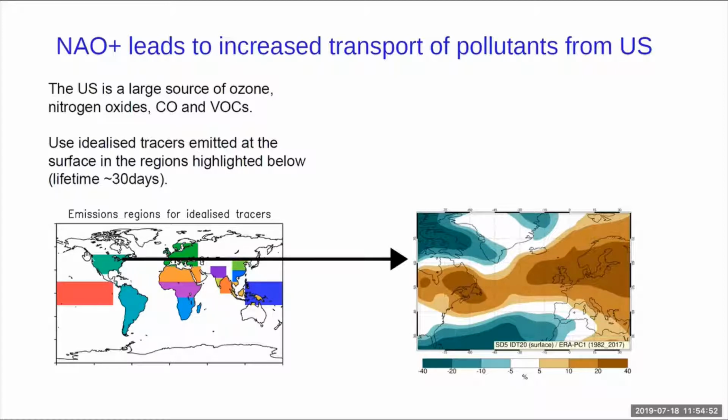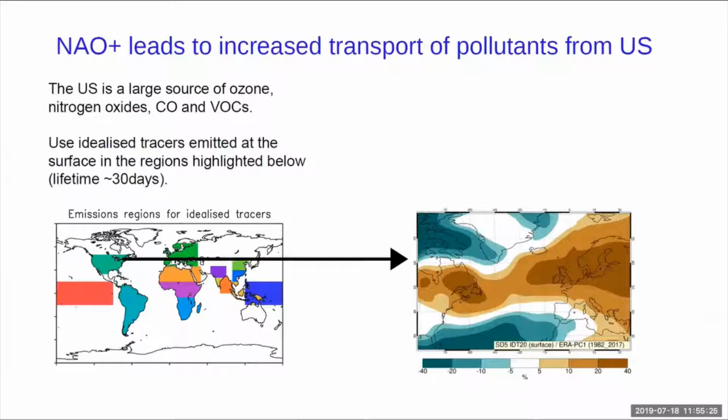So we look at the surface tracers from the US, and we see that when the NAO is in its positive phase, you get an increase of up to 20 to 40% in Northwest Europe. And because the US is obviously a large source of ozone precursors, nitrogen oxides, CO and VOCs, this could explain the increase in ozone in the Northwest region of the North Atlantic that we see in the observations and in model simulations. So we think this could be a possible mechanism.